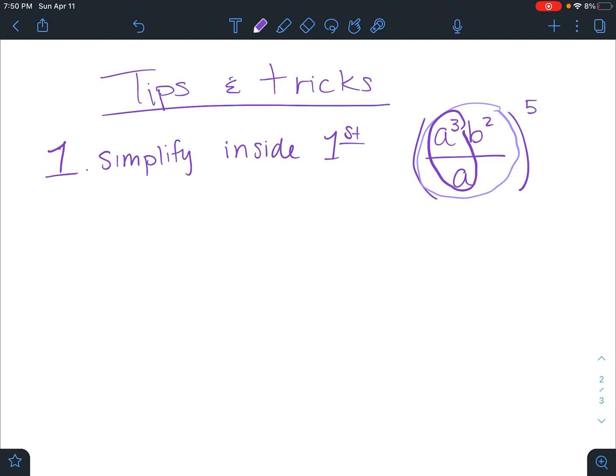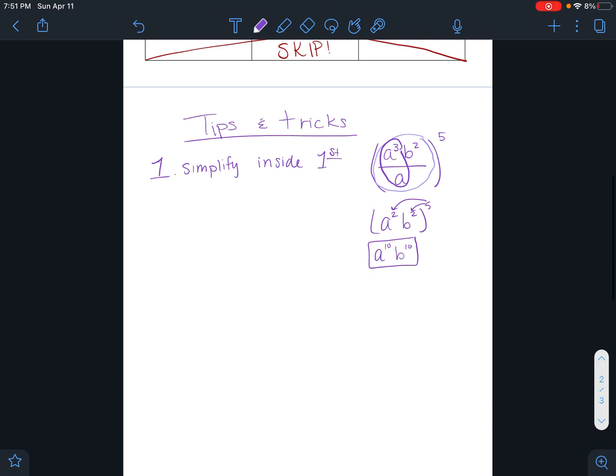A cubed over a is going to be a squared, b squared. Then I'm going to use my power to a power, or power to a product, and I'm going to multiply them because it's a power to a power. That gives me a to the 10th times b to the 10th. So I would simplify inside first before you start doing anything on the outside.